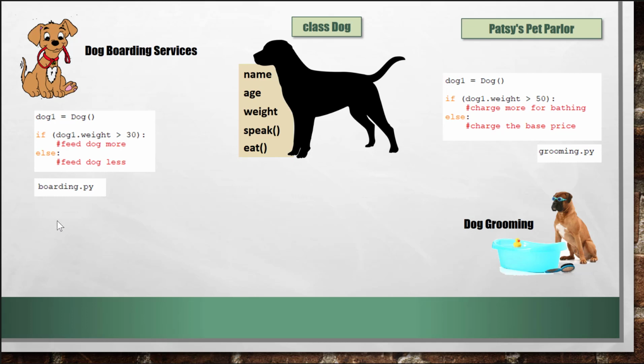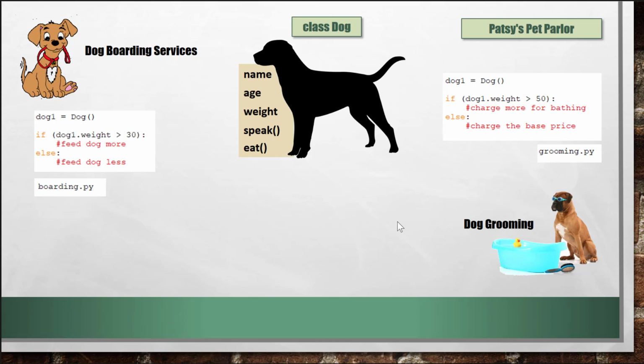So these are two different files. This is a boarding.py file and a grooming.py file that are very unique because we're looking at different code logic if we're grooming a dog versus different logic if we are boarding the dog. But the characteristics of a dog are the same.